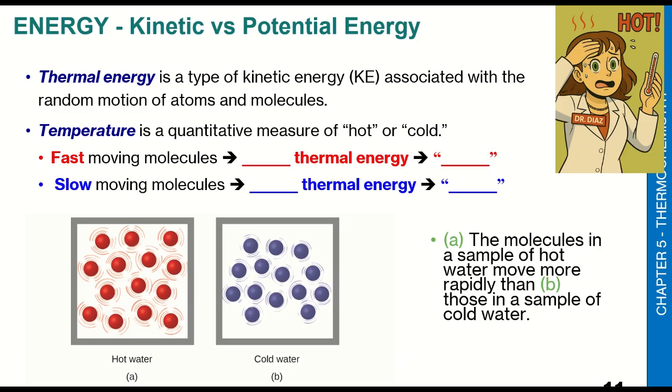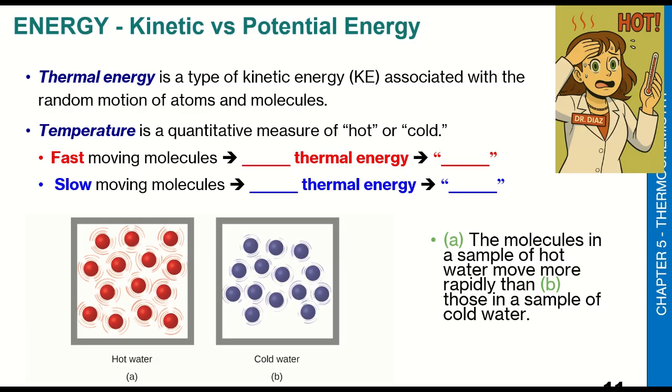So thermal energy is a type of kinetic energy associated with the random motion of atoms and molecules. Again, we are talking about motion. Okay? Temperature is the quantitative measure of hot or cold. When I say it's hot outside, we need to quantify that. We are working with science, so we need to quantify.